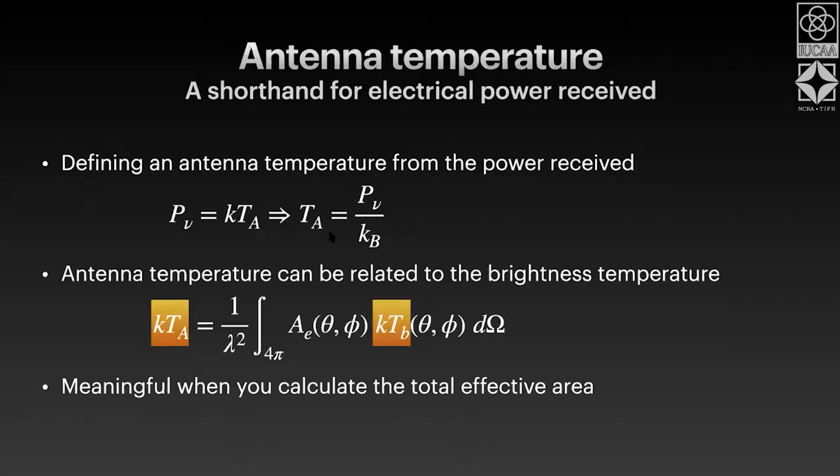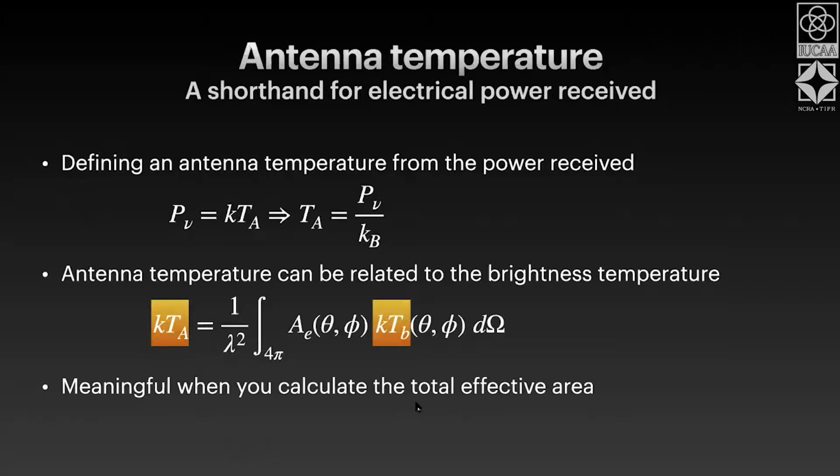Instead of using power, we are just using an equivalent term. Since it's a constant proportionality, we refer to it as temperature, and we call that the antenna temperature. From the previous expression, you can hence get a relation between the antenna temperature and the brightness temperature of the source that you're looking at. This is the most general case.